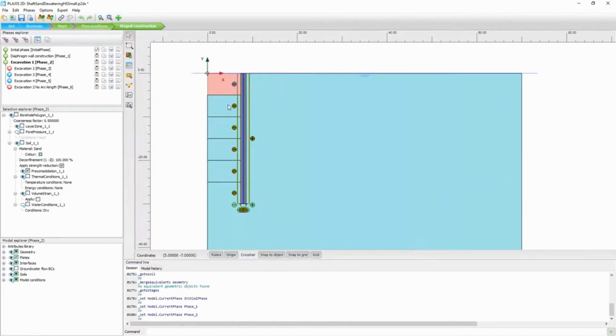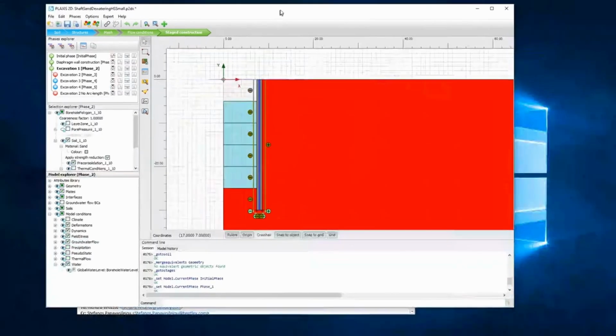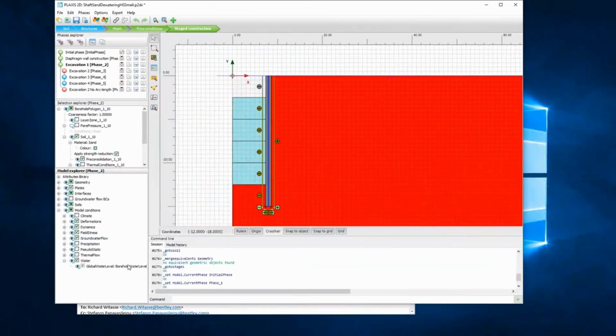Note that in that case, the pore pressure of the remaining cluster remains unchanged, still set to global level. And this global level is defined here. In model conditions, if you look at water, you see the global water level defined here, set at the borehole water level, which is the one defined in the soil module, okay?